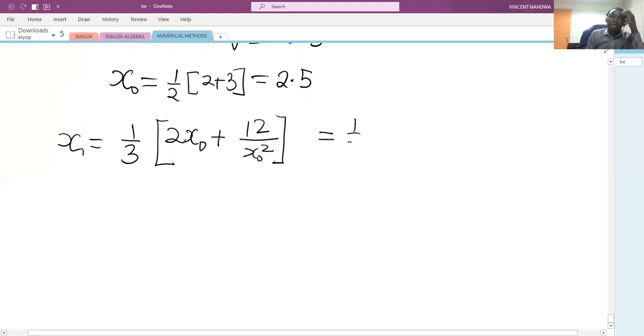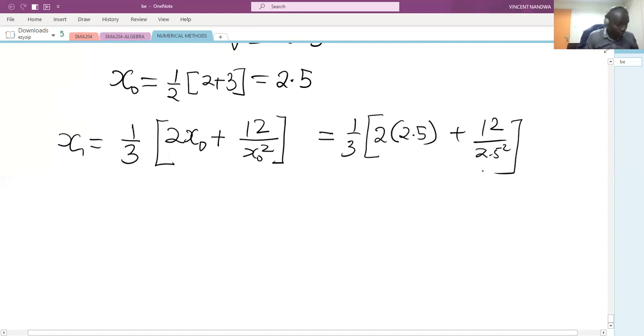So this is the same as a third into 2 times 2.5 plus 12 over 2.5 squared. So we get x1 equals 2.30666666667.